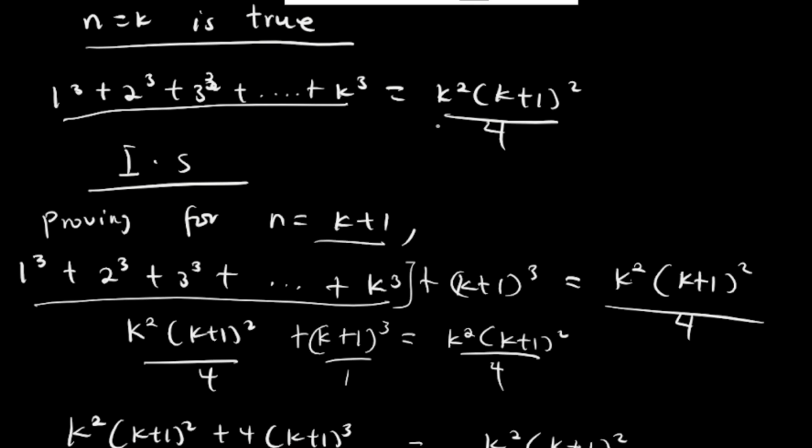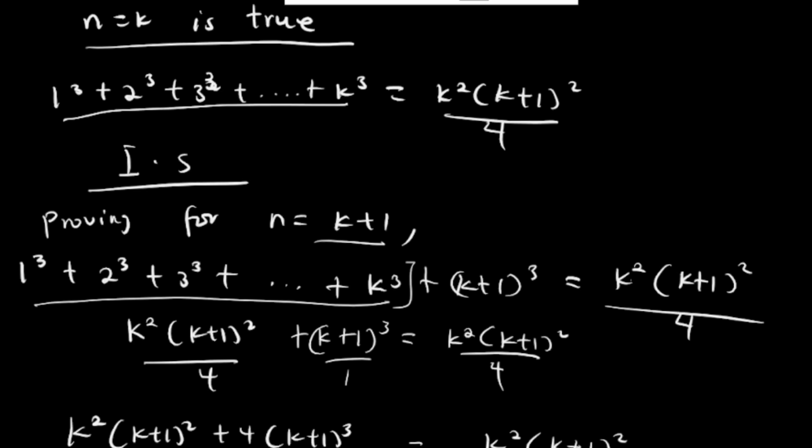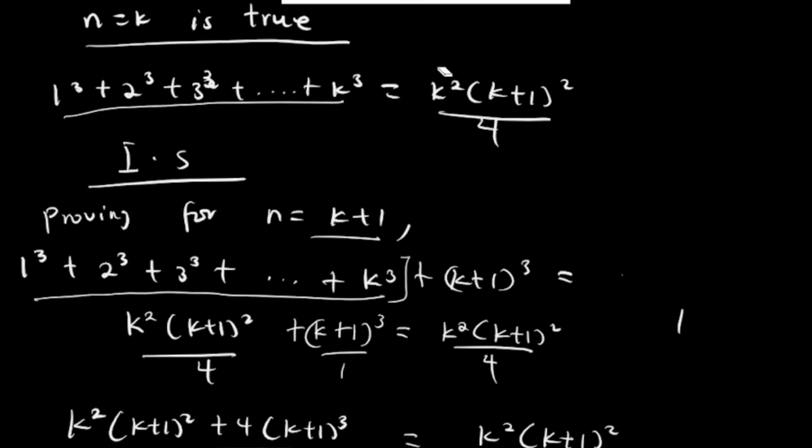So I have to take that off. So I'm going to have here (k plus 1) all squared multiplying (k plus 1 plus 1) all squared, all over 4.